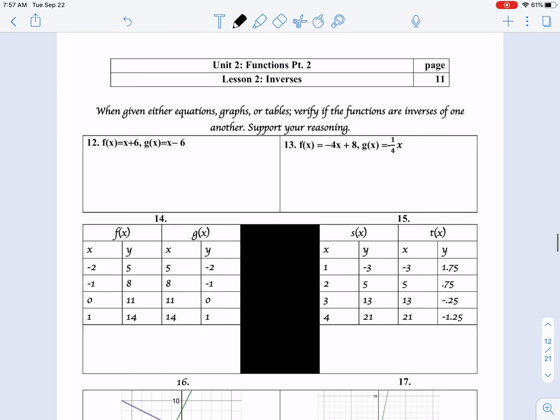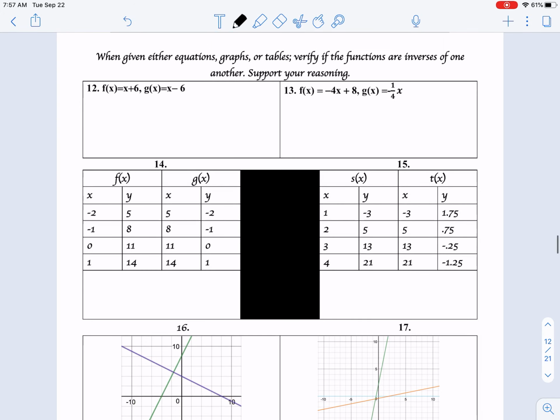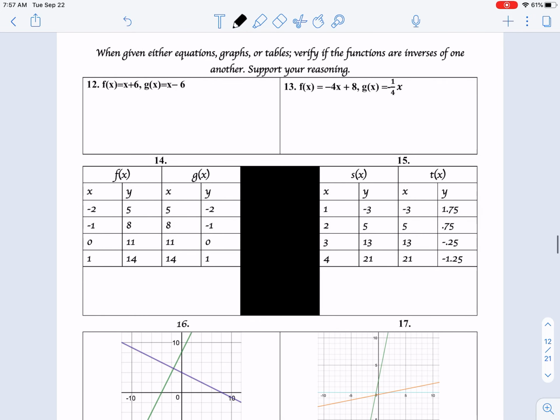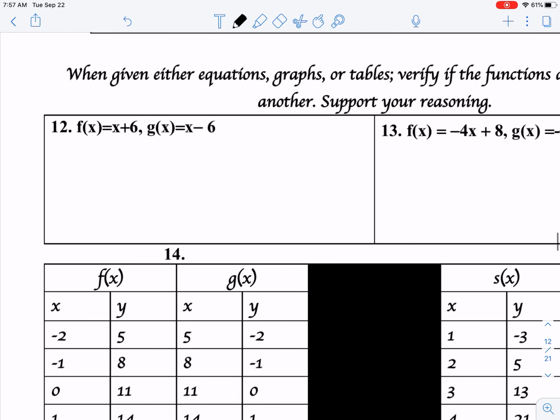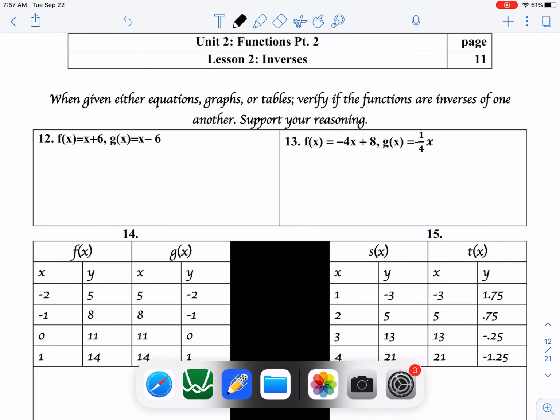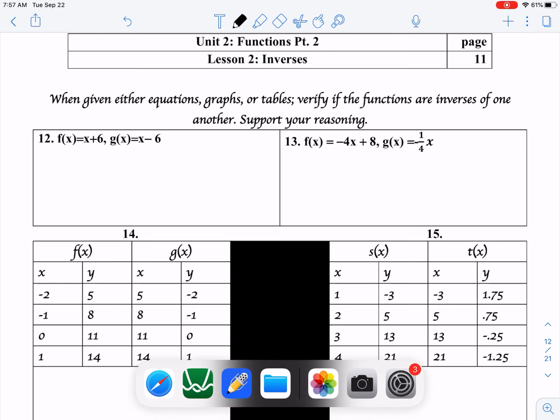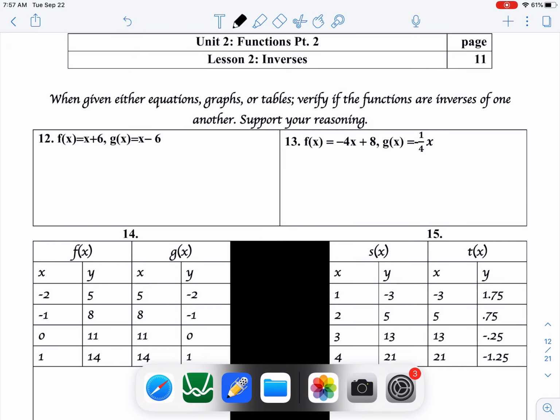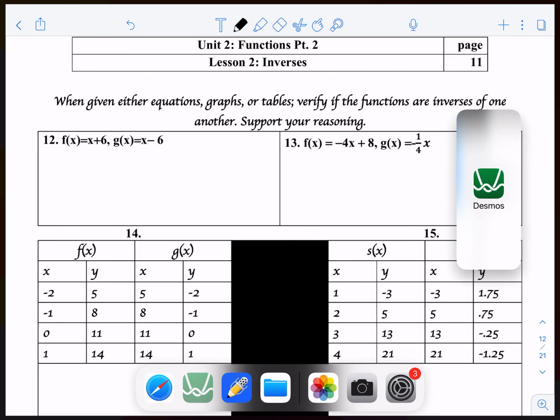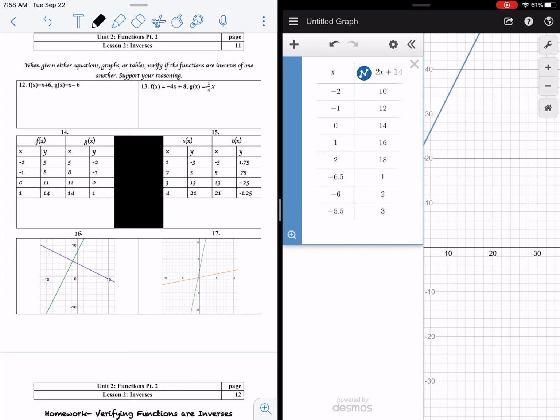Now, to do a couple examples, I'm going to do 12, 14, and 16. And again, I'm not even going to try doing it by algebra. Right? I'm just going to immediately go to Desmos.